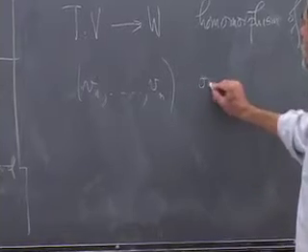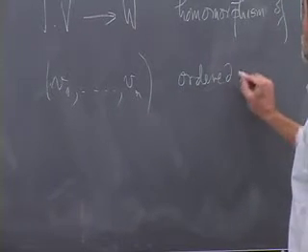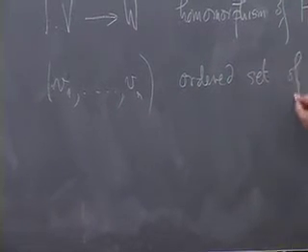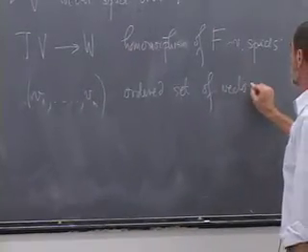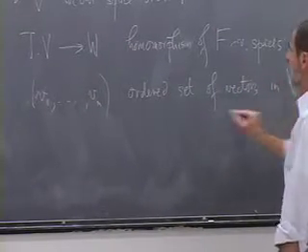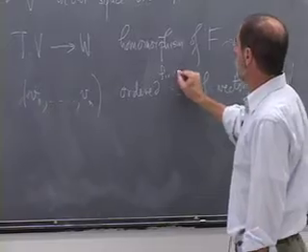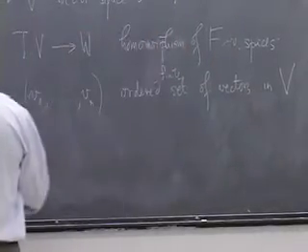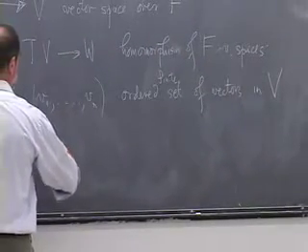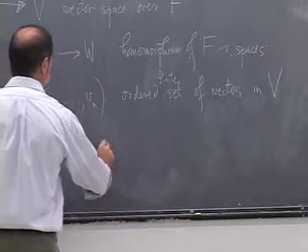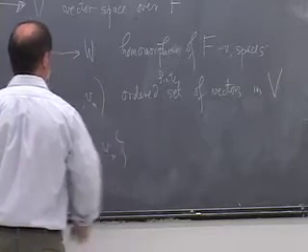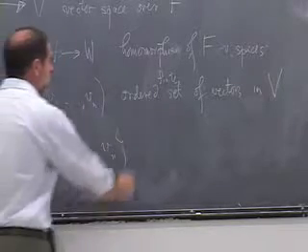So that'll be an ordered finite set of vectors in V. And if I want to forget the order and I just remember the set, I'll call the set S, which is the collection V1 through Vn, where I forget the order. So that's just the set.